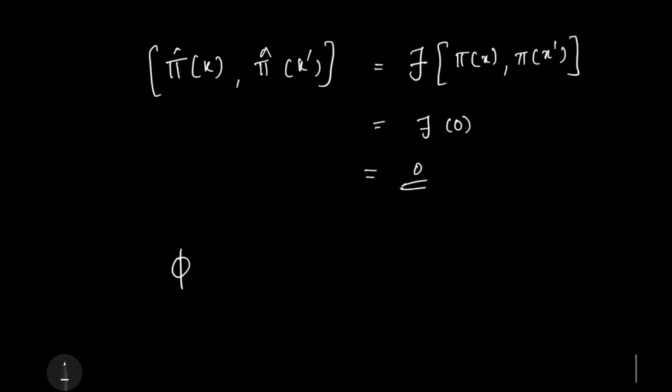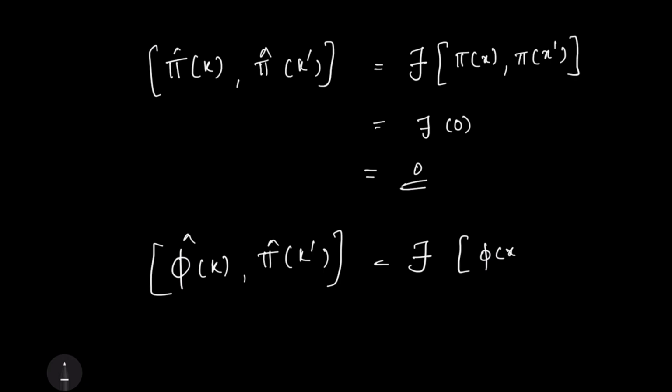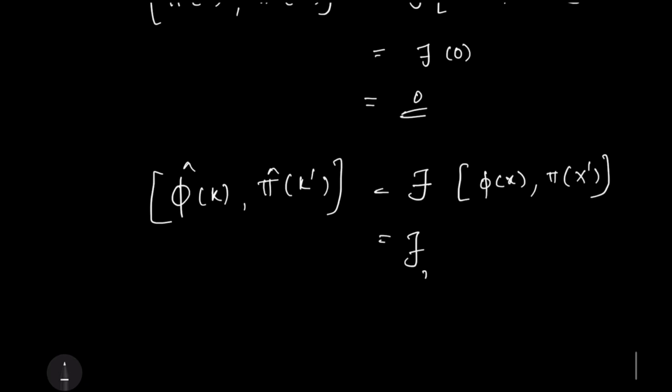Similarly, phi of k, pi of k prime. How do you find the commutation? This will be the Fourier transform of phi of x and pi of x prime, which is equal to the Fourier transform of x to k and the Fourier transform of x prime to k prime of i del cube of x minus x prime.